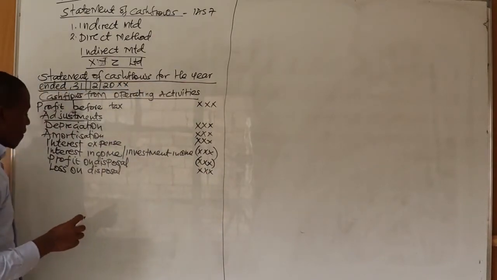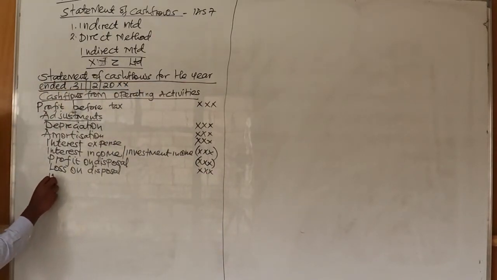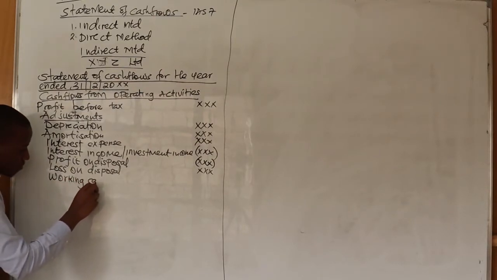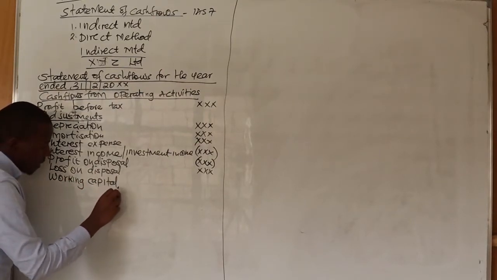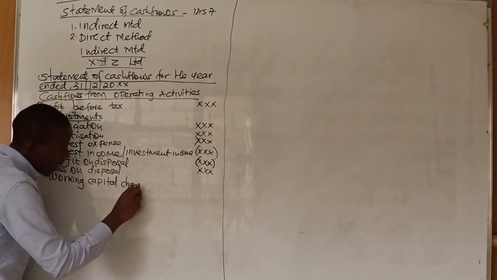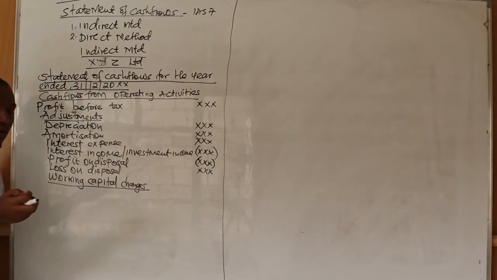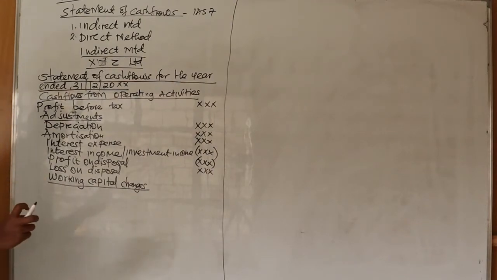Then after that, you will go to what we call the working capital changes. Working capital is just the current assets minus the current liabilities. And therefore, the only items that we'll be basing on are the inventory, the receivables, and the payables.